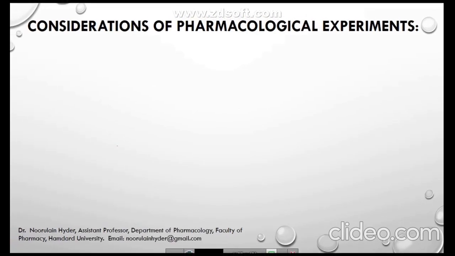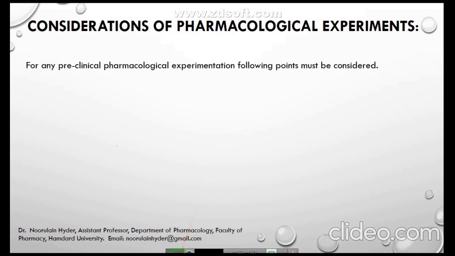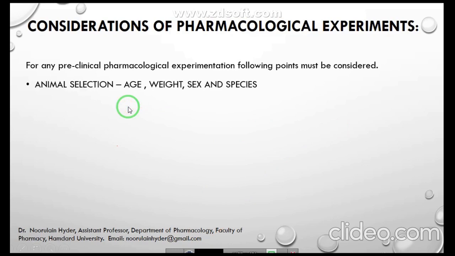The general consideration for pharmacological experiments. For any preclinical pharmacological experimentation, the following points must be considered. Number 1 is animal selection. Selection of experimental animal is made in accordance with the objective of the study.